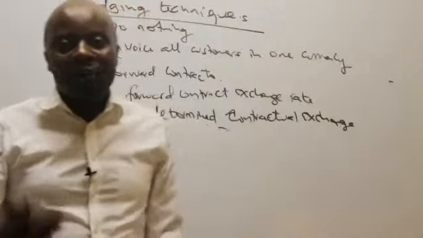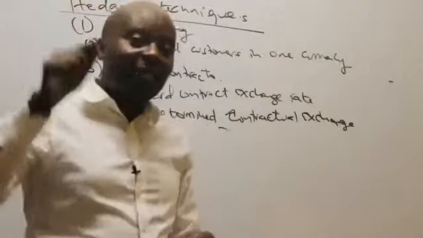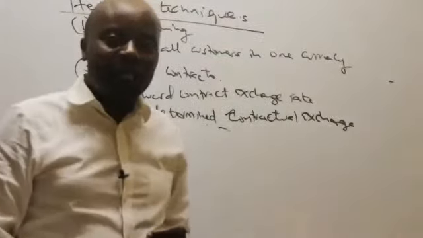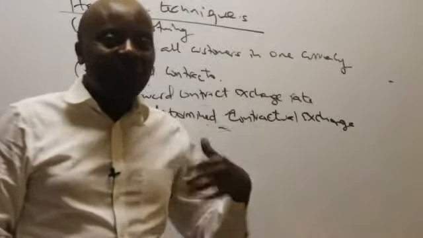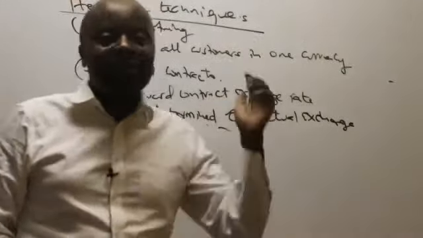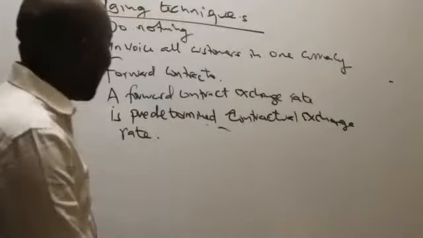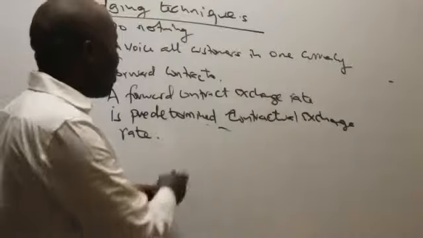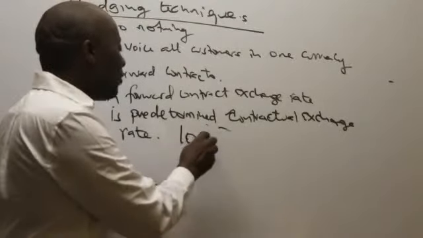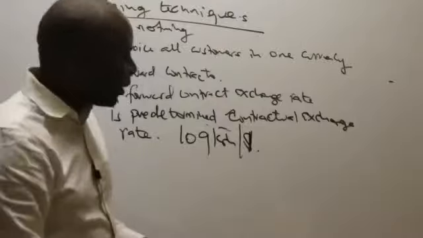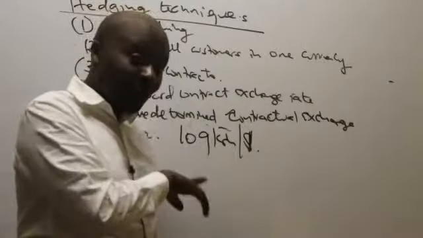So as days pass by, as the day that IGAD is coming to pay me comes closer, even if every day I'm watching the news and seeing things fluctuating, I know I'm covered. Because if we agree that on this particular date, they are going to give me 109, for example, Kenya shillings per dollar, it's a contractual thing.